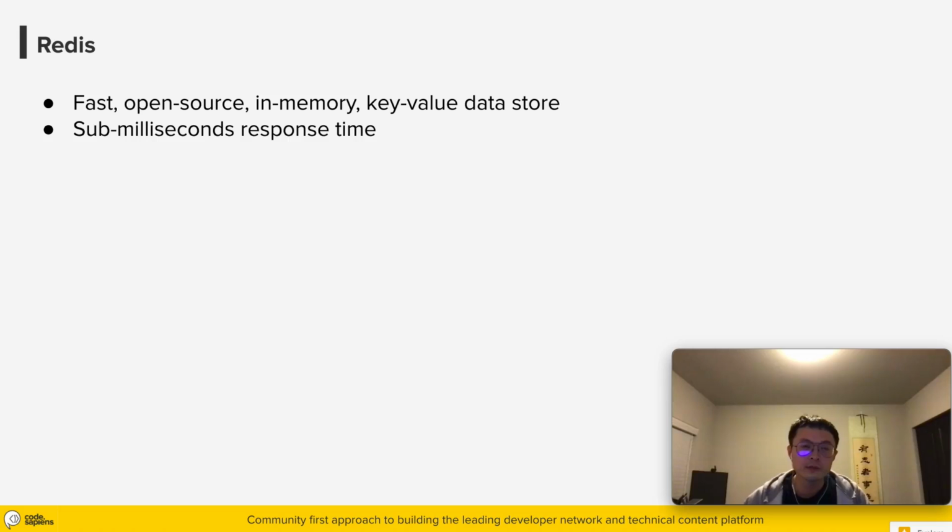And what is Redis? Redis stands for Remote Dictionary Server. It is a fast, open source, in-memory key value store. The original developer of Redis started the project because he wanted to improve the scalability of his startup. From there, he developed Redis, which is now used as database, as cache, and some other use cases as well. Redis delivers sub-millisecond response time.